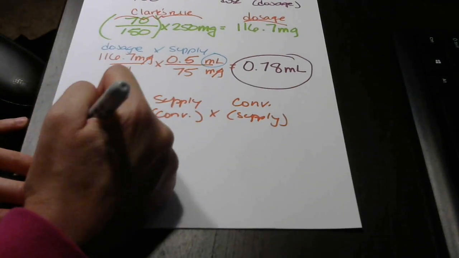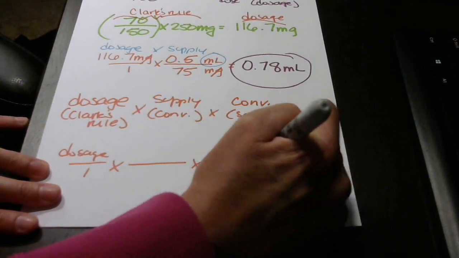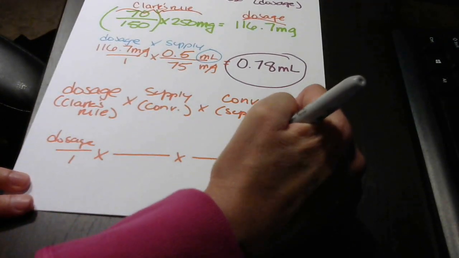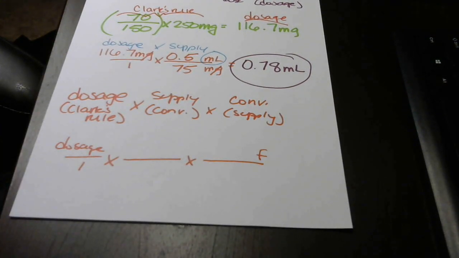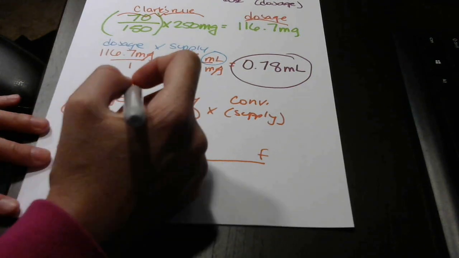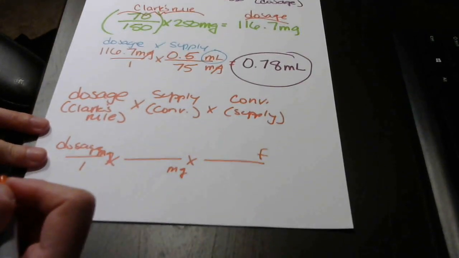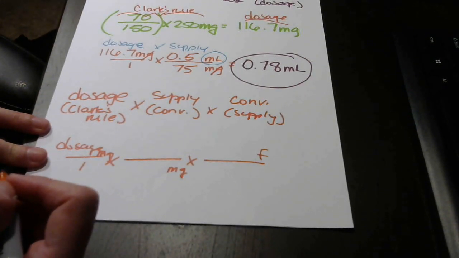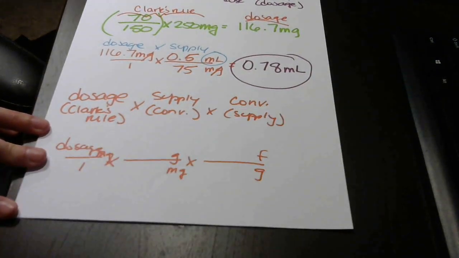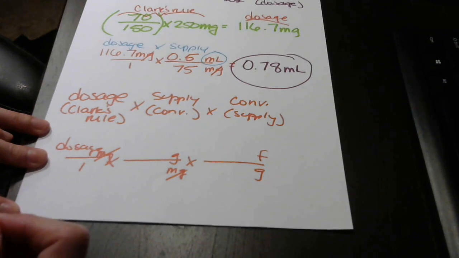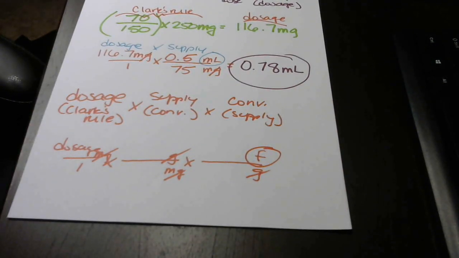So you always put your dosage over 1 times, and you make sure that you have your final measurement. I'm just going to put F for final right there. So let's say this was in milligrams, then you would want a milligram here. And then let's say that was grams and grams. So milligrams and milligrams would cancel out, grams and grams would cancel out, giving you your final measurement.